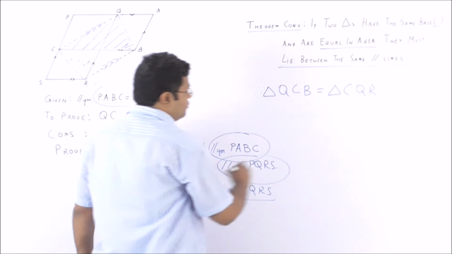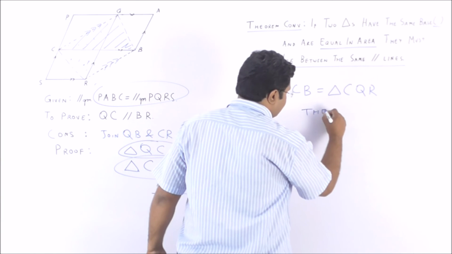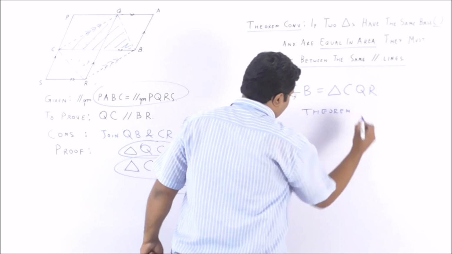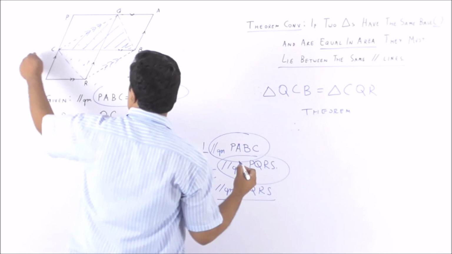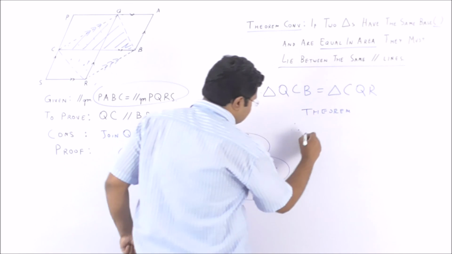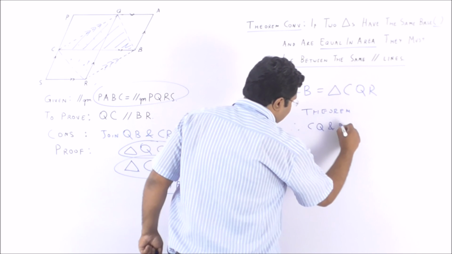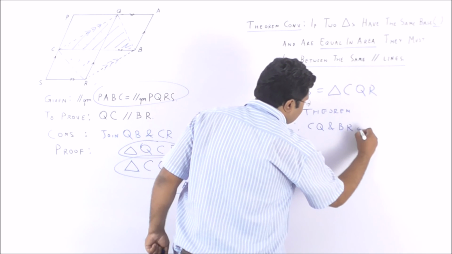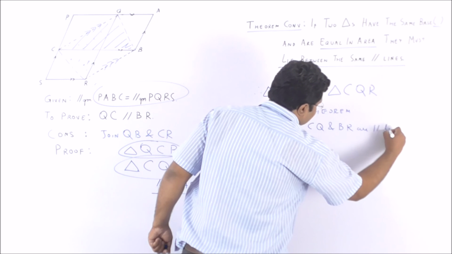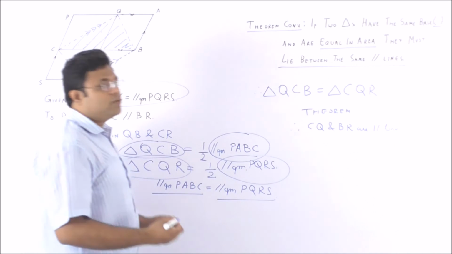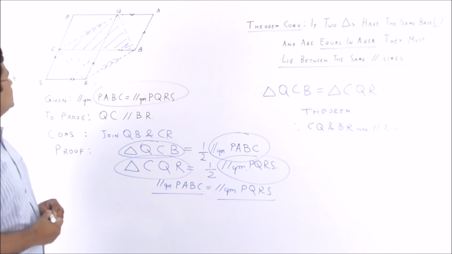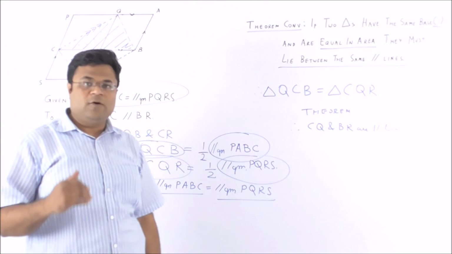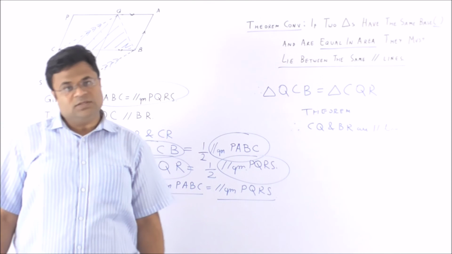So here you have to mention the theorem. Once you mention the theorem, you will say therefore CQ and BR are parallel lines. We get CQ and BR are parallel lines. Okay, I hope you have followed this solution.